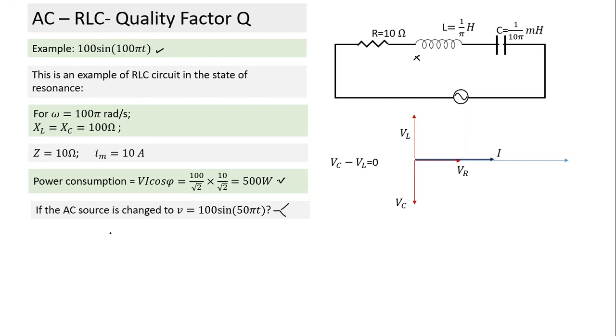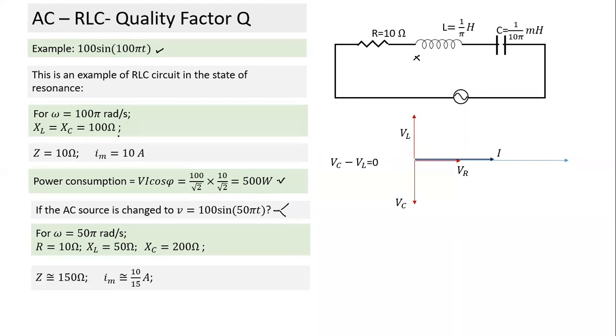Then we have to understand how much is the reduction. Let's just get an idea of the reduction. So what will happen when this becomes half? If omega becomes half, XL, which was earlier 100, becomes 50, and XC, which was 100, becomes double, and hence the net reactance becomes 150. Earlier the reactance was 0, and now we get some value of Z. Roughly, it will come to the square root of 150 squared plus 10 squared, more or less 150.